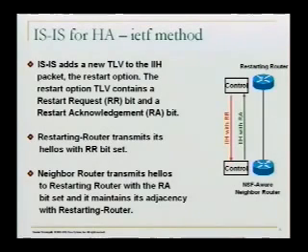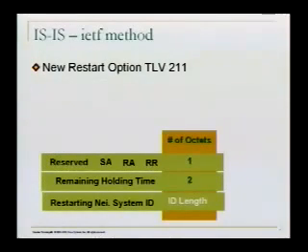In the TLV 211 method, which is IETF, the restarting router sends this TLV 211 to the neighbors. When it is restarting, it sets the RR bit, which is the restart request bit.